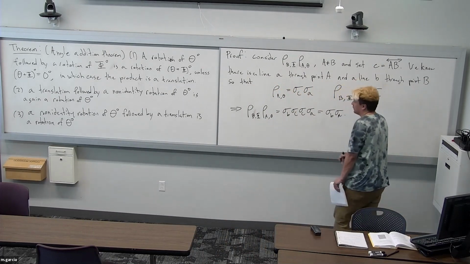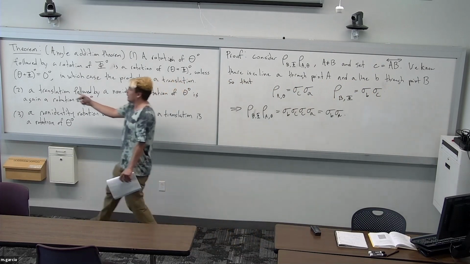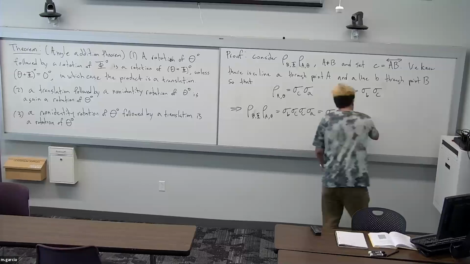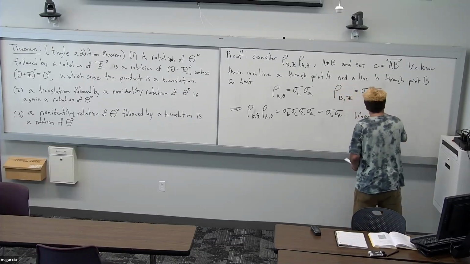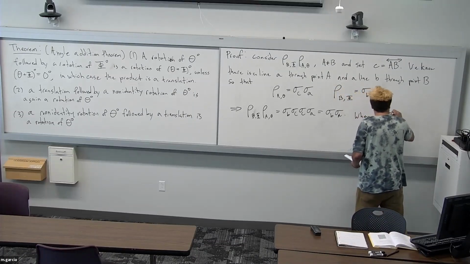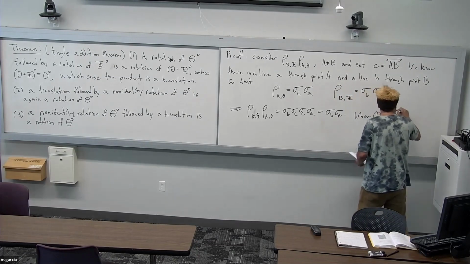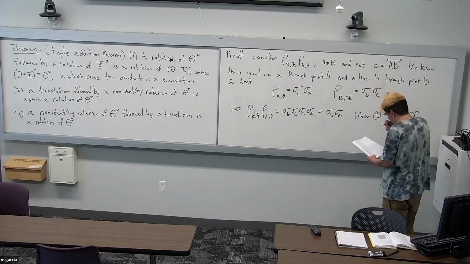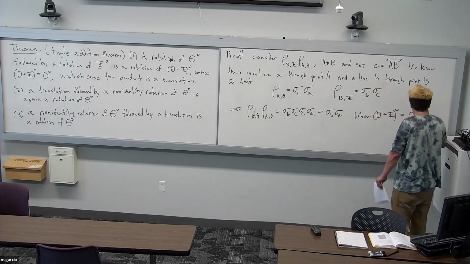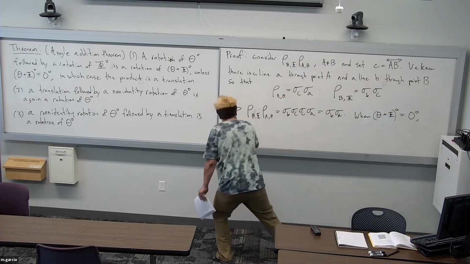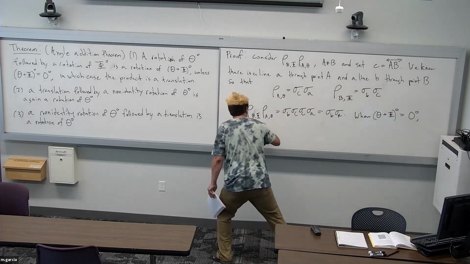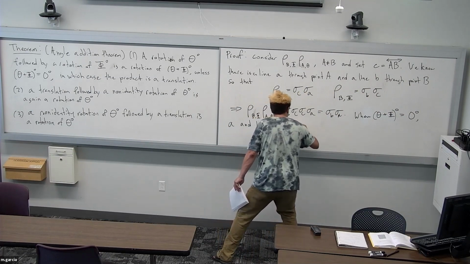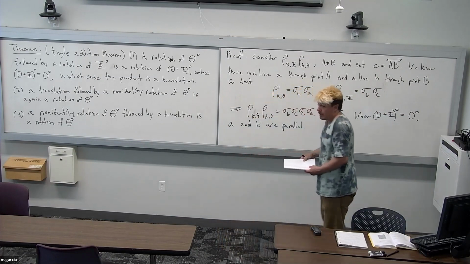So now let's address the case where theta plus phi is 0 degrees. When theta plus phi degrees is equal to 0 degrees, the lines A and B are parallel. Okay?